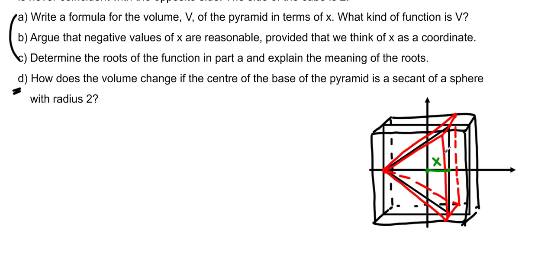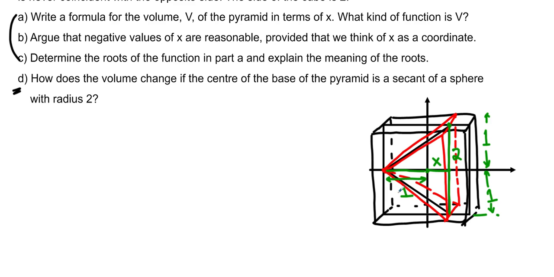We know that this whole length is 2, which means that this is 1 above the axis, and below the axis as well is 1, so that the whole thing is 2. That means this whole thing, which is the bottom of the pyramid, is also going to be 2. And we also know that this is going to be 1 right here.